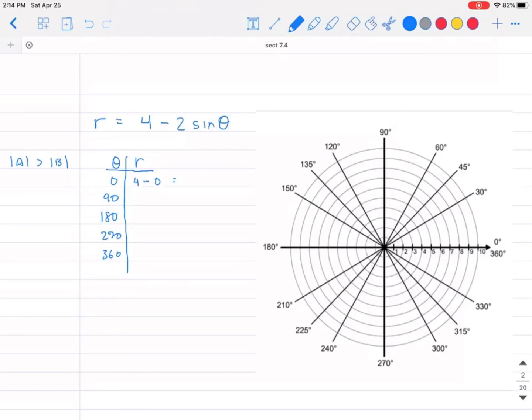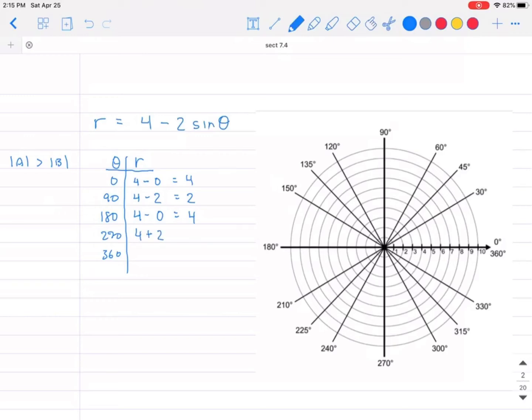Okay. Let's see. So when theta is equal to 0, we get 4 minus 0, so the answer is equal to 4. At 90 degrees, we get 4 minus 2, so that's equal to 2. Then how about 180 plugged in?